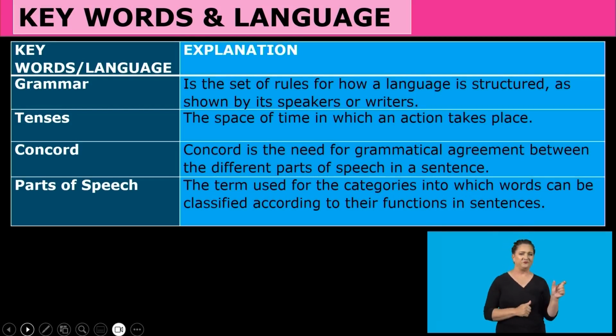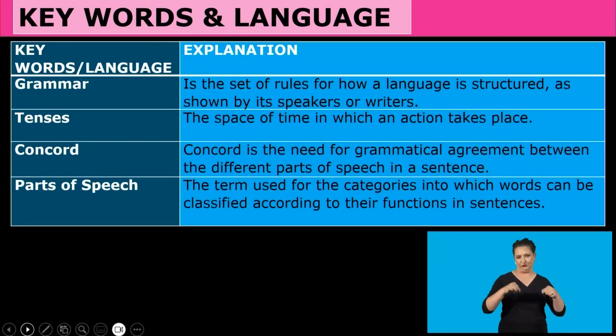Concord is the need for grammatical agreement between the different parts of speech in a sentence. In our case, we are primarily going to look at the agreement between subject and verb. So, subject and verb agreement, and then parts of speech. The term used for the categories into which words can be classified according to their function in the sentence, not as they're standing on their own, but in a sentence.